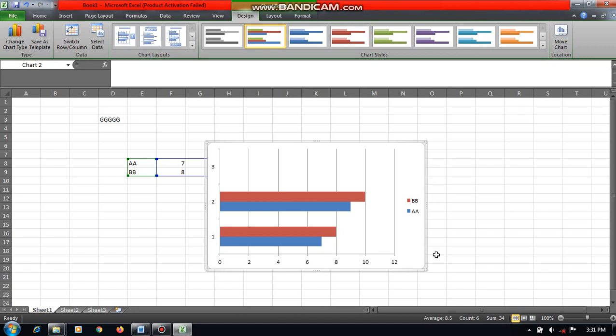So the tabular and the histogram, we can represent. This is a simple example related to your histograms, and we can represent the data in tabular form, in bar form.